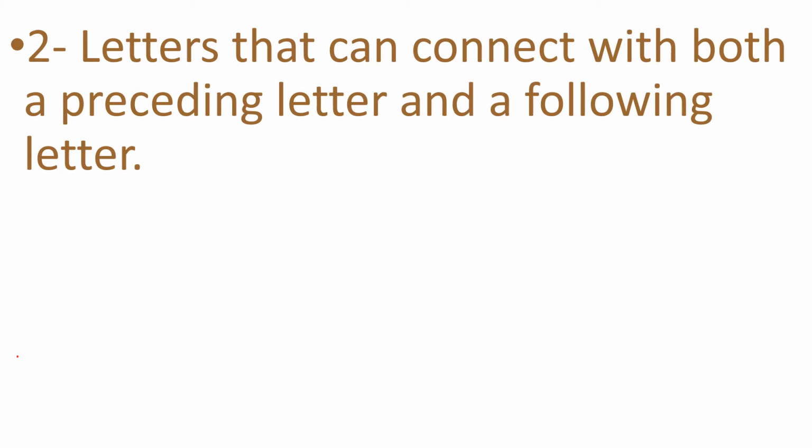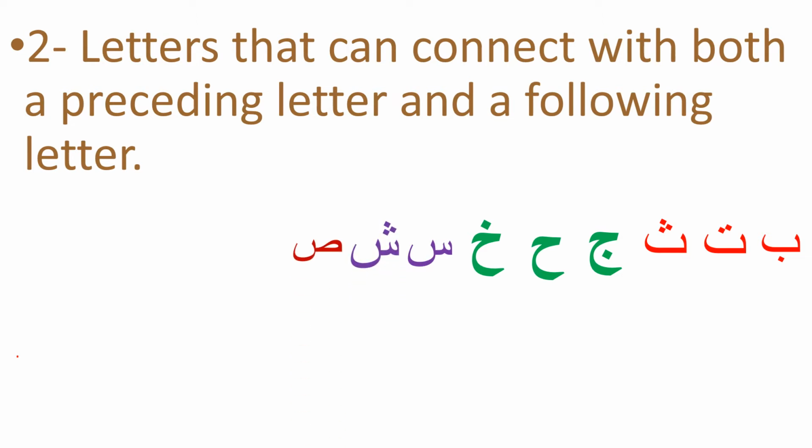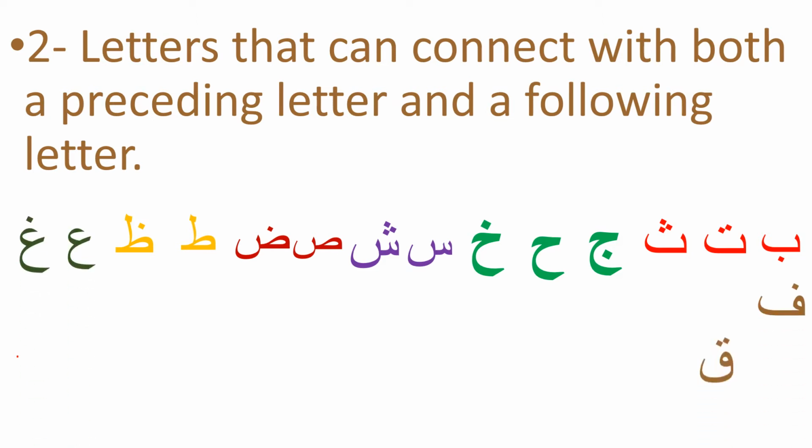And we said we have the following group: the ba, the ta, tha, jim, ha, kha, sin, shin, sad, dad, ta, dha, ain, ghain, fa, qaf, kaf, lam, mim, nun, ya. These letters can connect with a preceding and a following letter. We'll deal with each one separately, individually, and we'll show through examples how they really connect within the word.